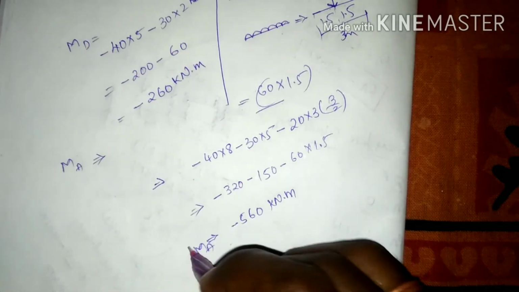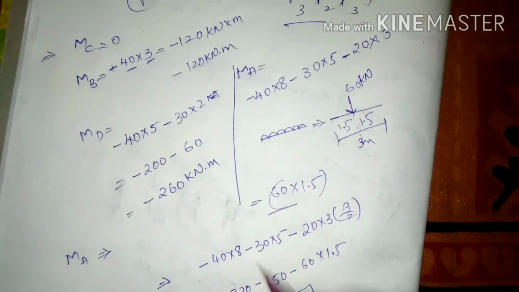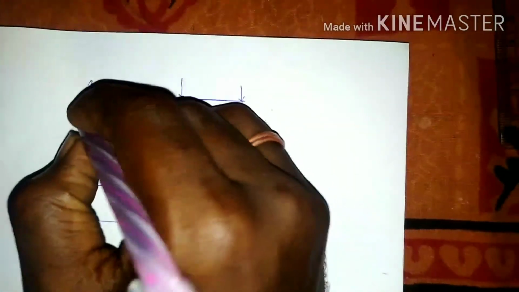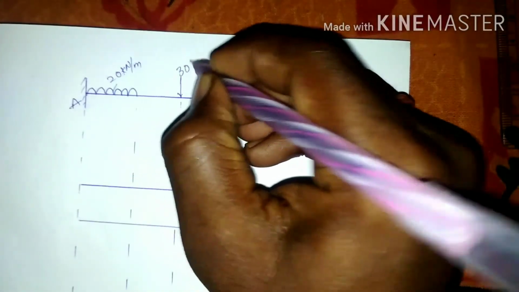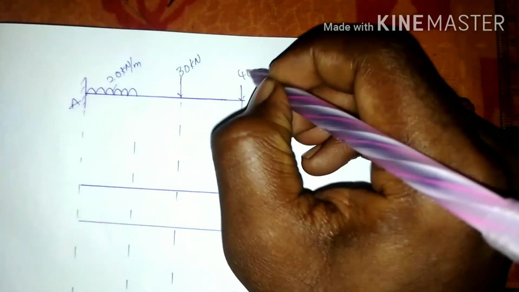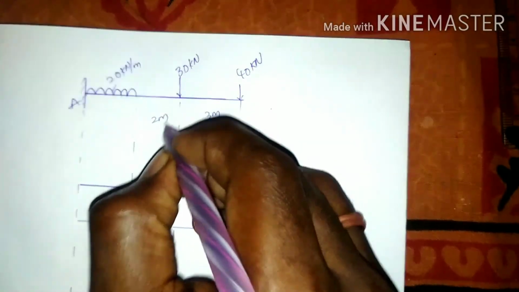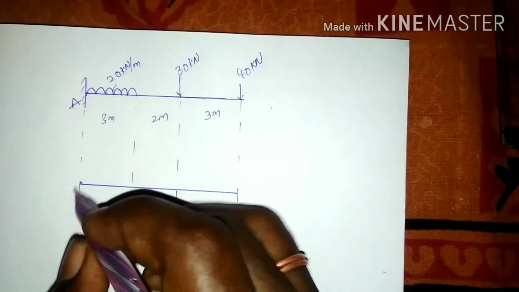These values are important while drawing the shear force diagram and bending moment diagram. Here is the RA.